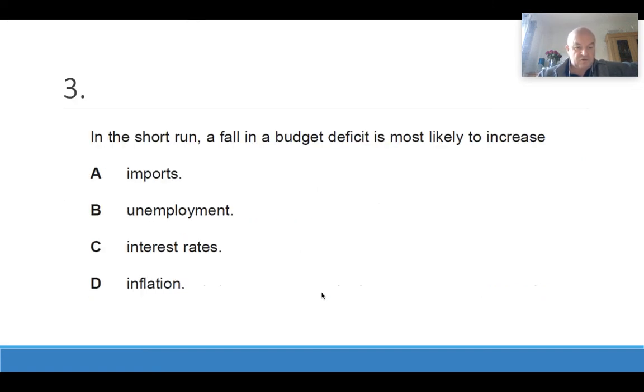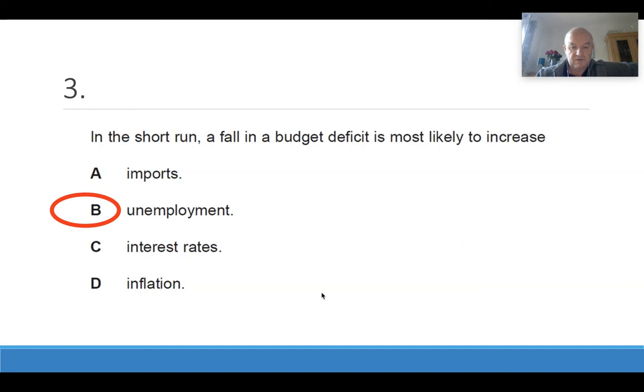The third question: in the short run, a fall in a budget deficit is most likely to increase what? A fall in the budget deficit suggests that the government is spending less. In this situation, it's most likely to increase levels of unemployment.